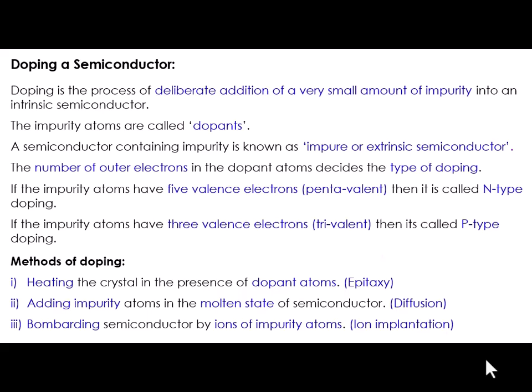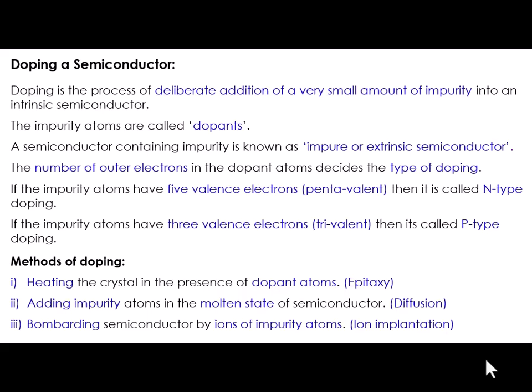In this class we discussed intrinsic semiconductors. What is an intrinsic semiconductor? How does the conduction process happen in an intrinsic semiconductor, and how does its conductivity increase or decrease with increasing or decreasing temperature?